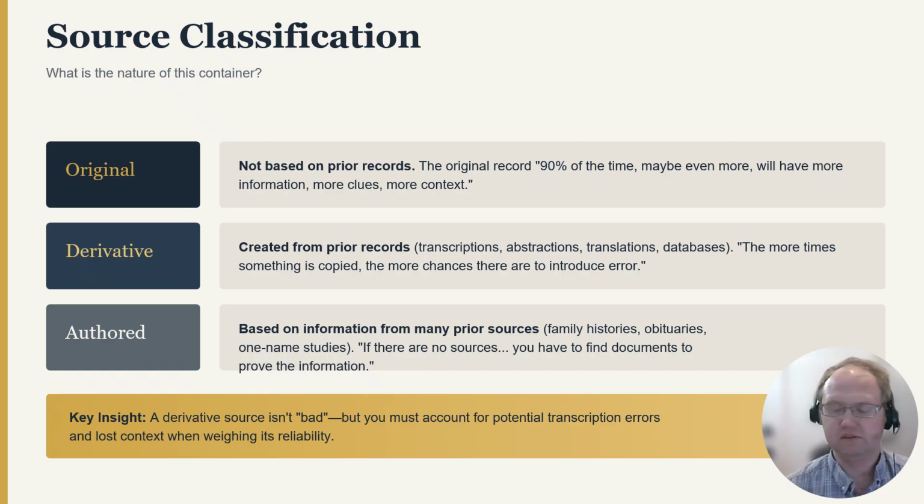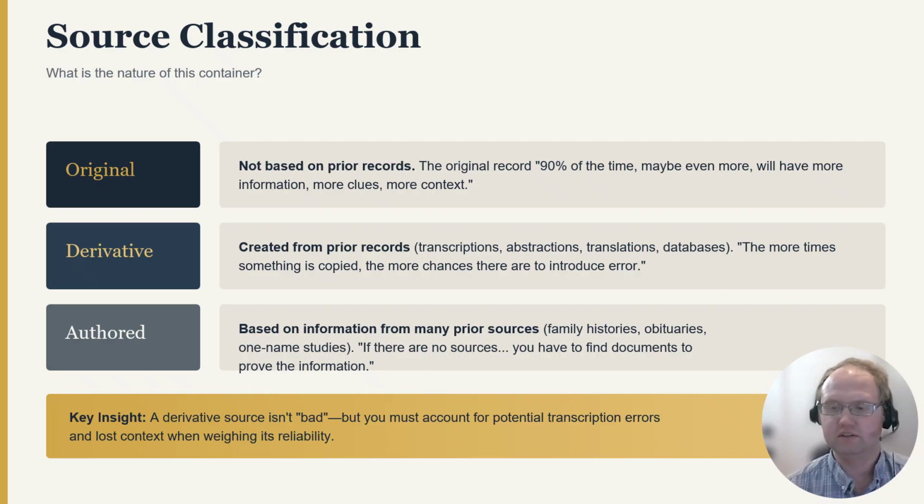The reason we tend to worry about derivatives is that they're somewhat viewed as inferior, although sometimes you can't help it if you only have a derivative source. Sometimes the original that they were copied from no longer exists, but if it does, you should always try to check it because there might be important differences or some additional information.